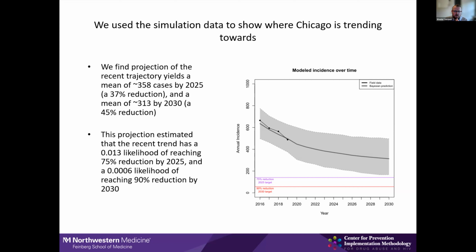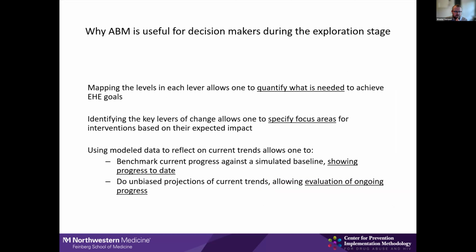So how is this information relevant for decision makers and during exploration? It does not necessarily provide you an answer or a roadmap of what should I be doing next, but it does present you with information on where to target your interventions. So it really is a conversation starter in many cases.